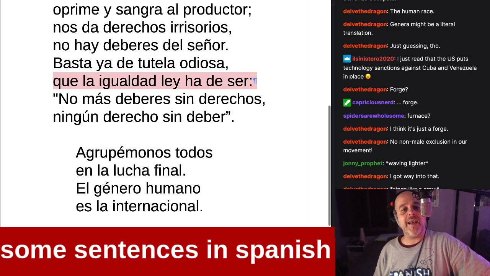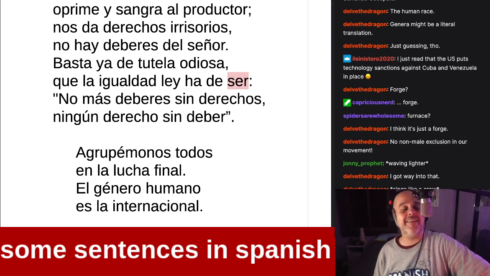Que la igualdad ley ha de ser, that equality must be law. It's kind of poetic language.